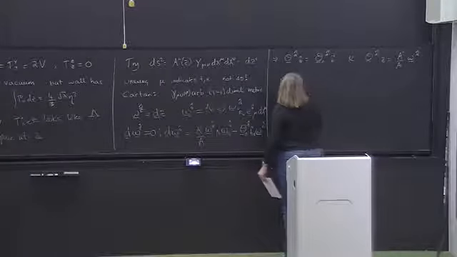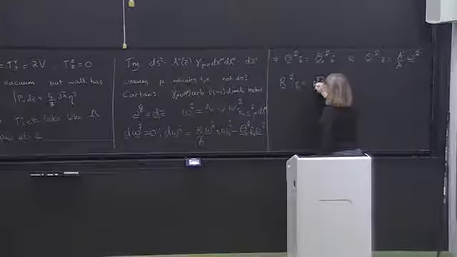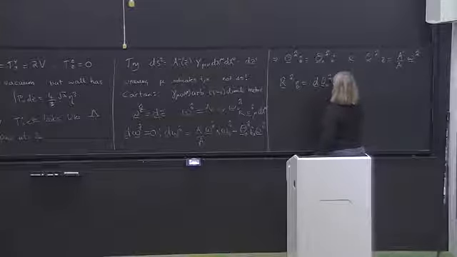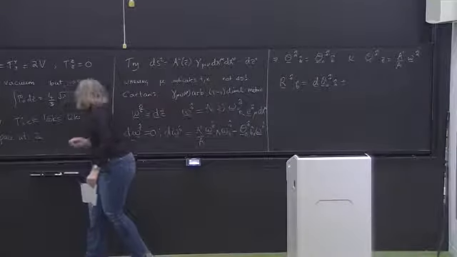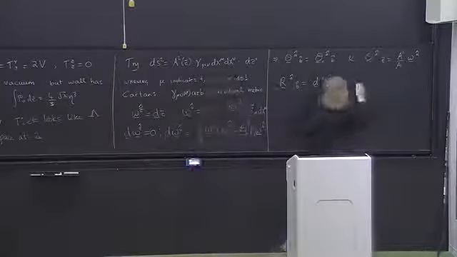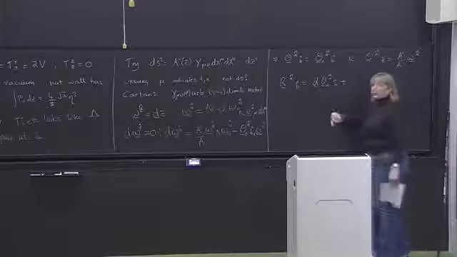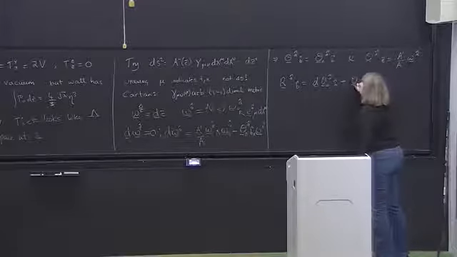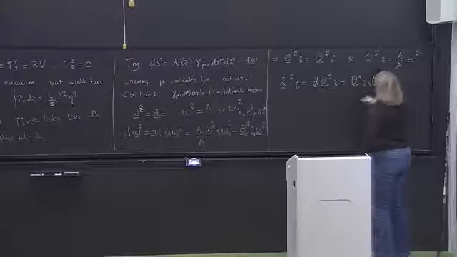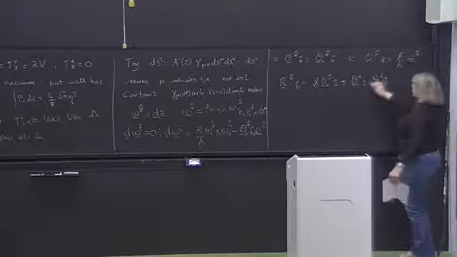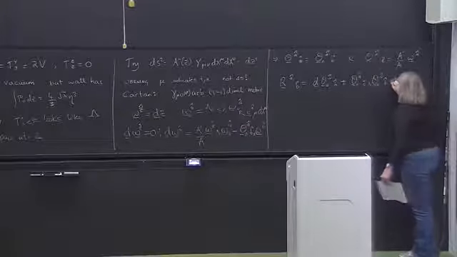So R^A_B, well, I'm going to take d of theta AB. Then I've got my theta wedge theta pieces. And finally, I've got summing over the z term.